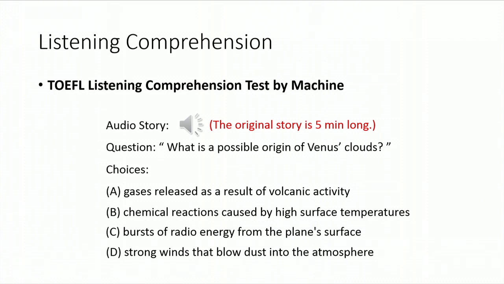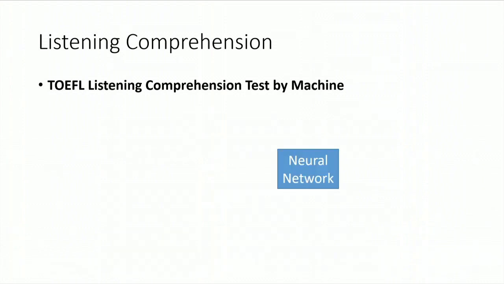The questions we provided to the machine are exactly the same as the ones that human testers see in the real exam. So if you want to solve this problem with today's deep learning technology, what you need is a neural network. I believe everyone in this room knows that a neural network is actually a function: input something and output something.